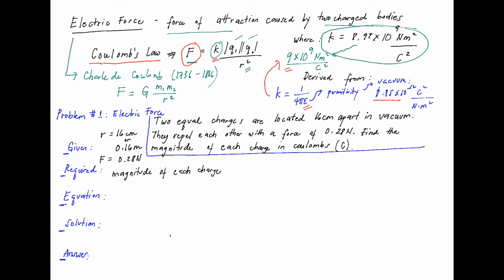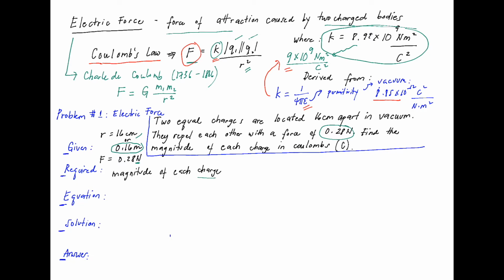We have here the radius is 16 centimeter. Now don't forget that we need to make it into meter. That's 0.16 meter. And for the force, we have here 0.28 Newton. And how I know that's a force is because of the unit, 0.28 Newton. The required for the problem is the magnitude of each charge.